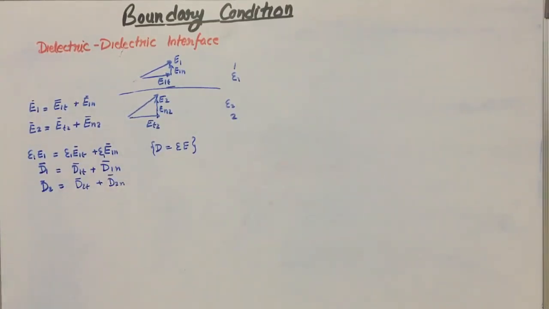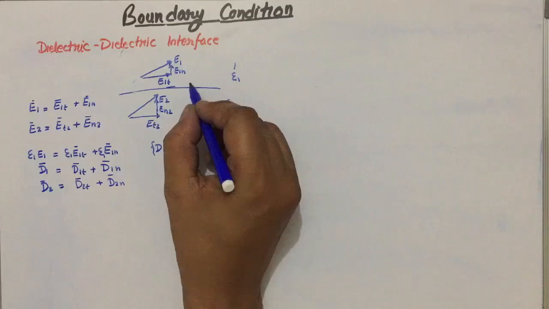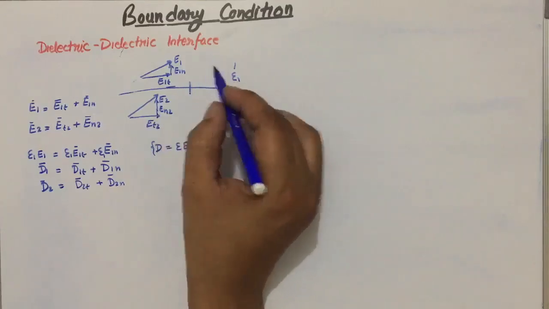So in this way, the electric field and electric flux density we have written. At the boundary, we consider a closed surface.